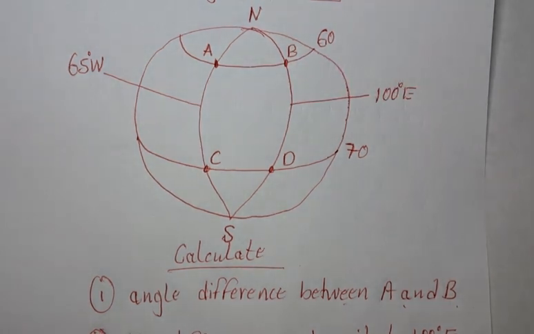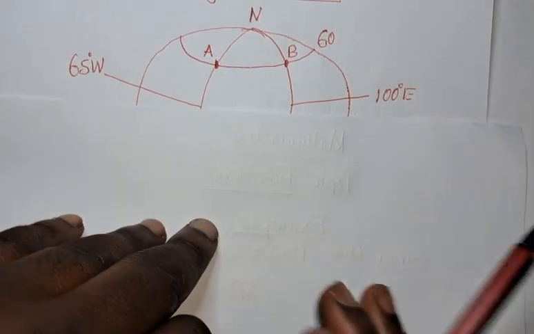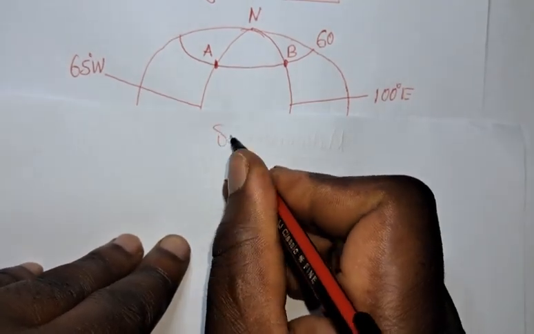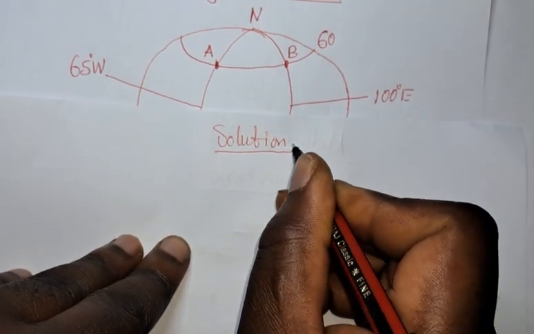So what are you supposed to do when they ask you to calculate the angle difference between the two given points? We are going to say solutions, so that you guys understand.